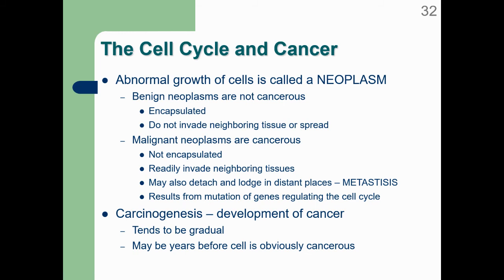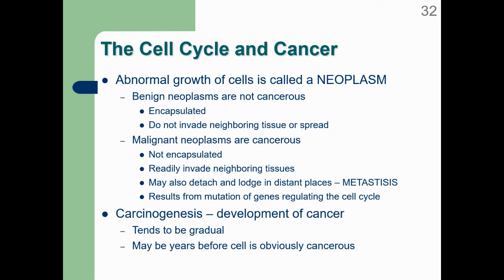So speaking of damaged cells, what does the cell cycle have to do with cancer? An abnormal growth of cells, meaning lots and lots of cells, is called a neoplasm. We can have benign neoplasms, an abnormal growth of cells, just too many replications, too many times going through the cell cycle. I'm getting lots and lots of cells.